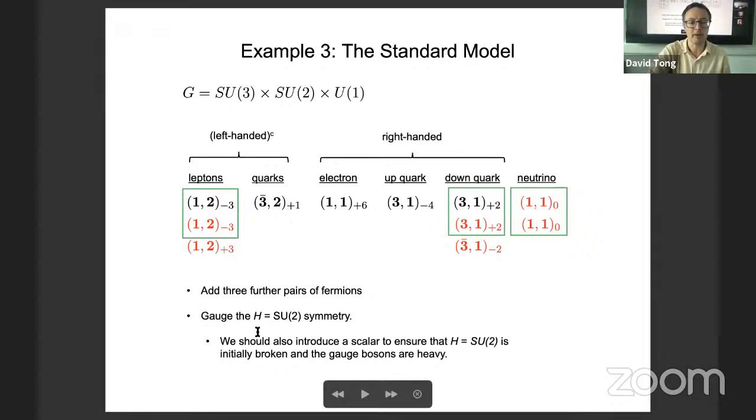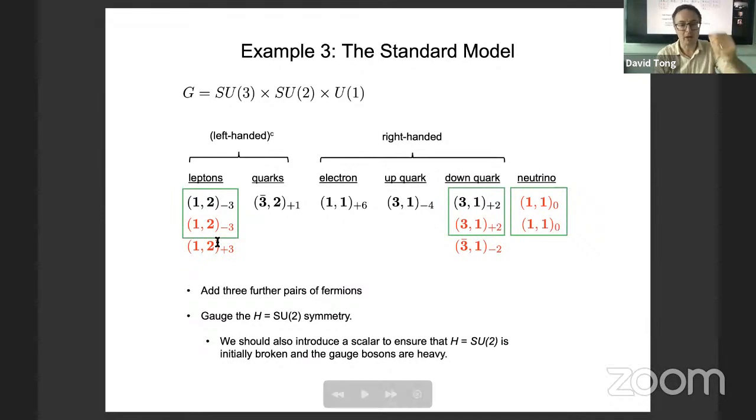As before, I should start off with some scalar fields, which Higgs H, make sure the H gauge bosons have a big mass, and at the same time give masses to these red fermions if I like.